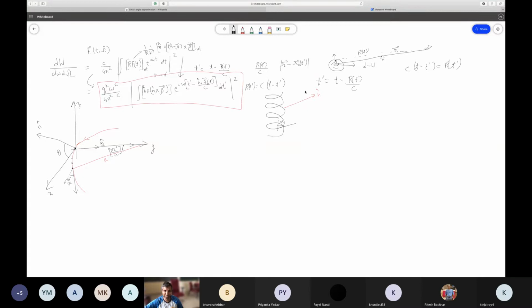This can be any direction. So for a given n hat, some point on the trajectory will be such that n hat is perpendicular to the direction of acceleration.